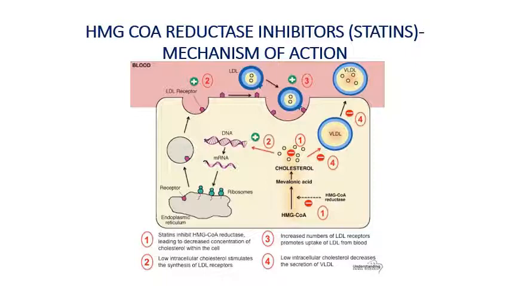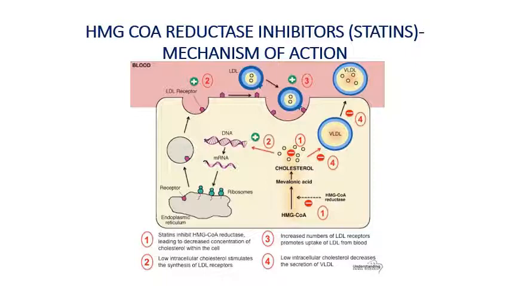HMG-CoA is an abbreviation of 3-hydroxy 3-methyl glutaryl coenzyme A, and this HMG-CoA is converted into mevalonate, which is the rate limiting step in cholesterol synthesis in the liver. Statins inhibit the HMG-CoA reductase enzyme, which converts HMG-CoA into mevalonic acid, thereby inhibiting cholesterol synthesis.